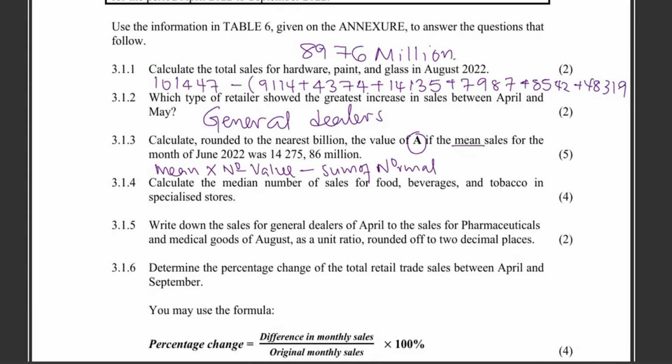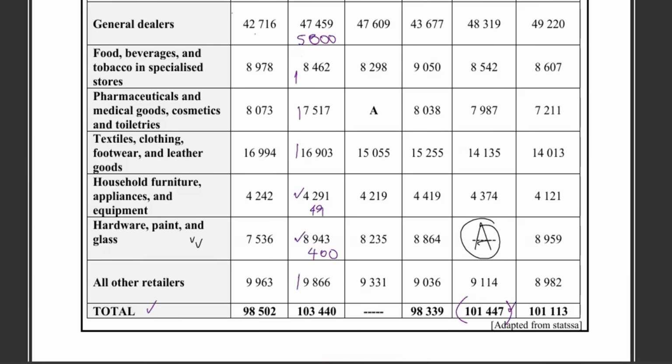So this will give you the unknown. All right. First and foremost, let's add the values that are there already. So we are going to add this plus that, plus that, plus that, plus that, plus that. That's the first step that you're going to do.